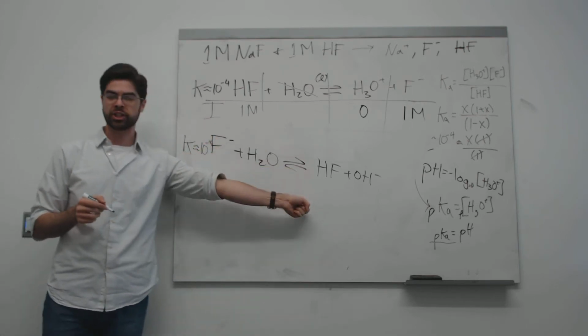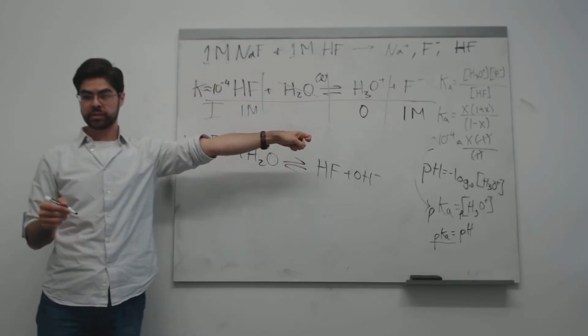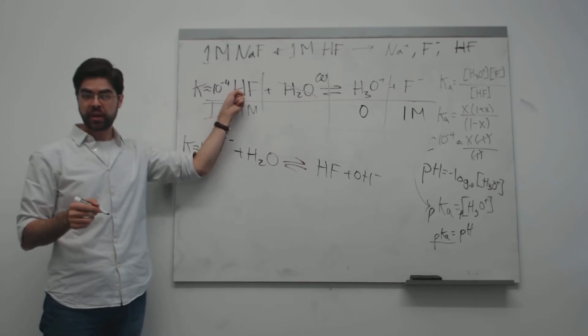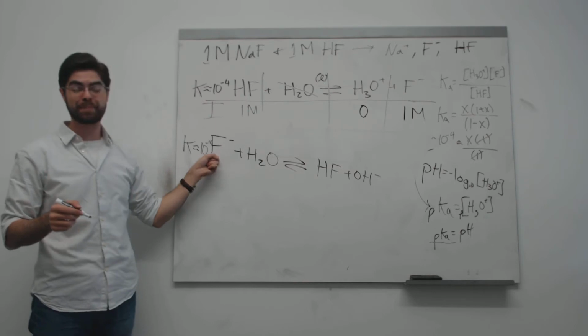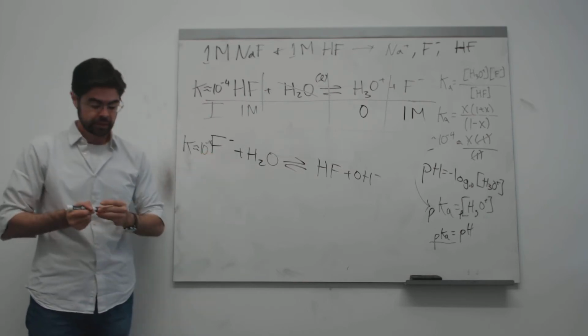Meaning this reaction is less favorable than this reaction is. Meaning that the acidic power of HF is greater than the basic power of the fluoride, of its conjugate base.